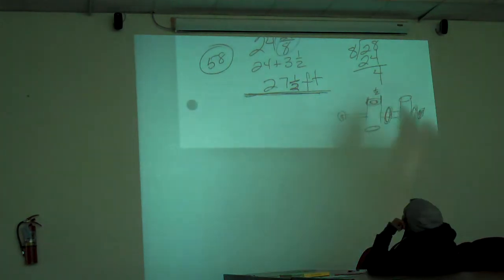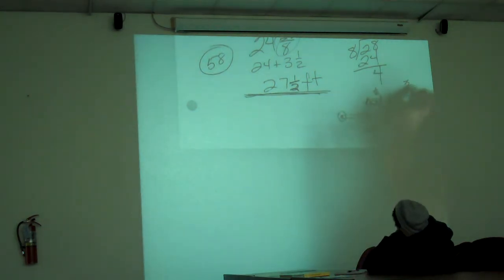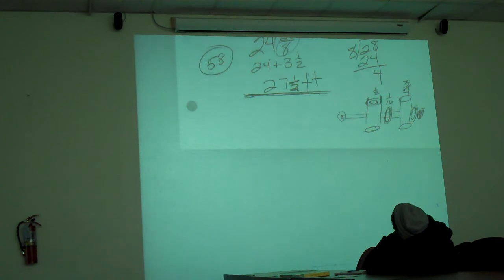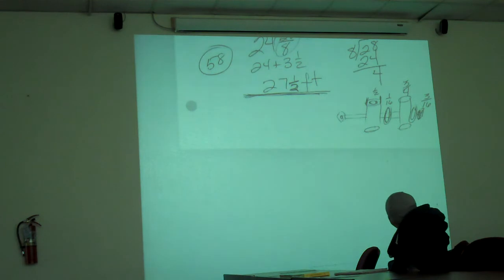A washer that's 1/16, and then a piece of tubing that's a different size. It says 3/4 of an inch on the outside diameter. It says another washer, and then a nut, 3/16.